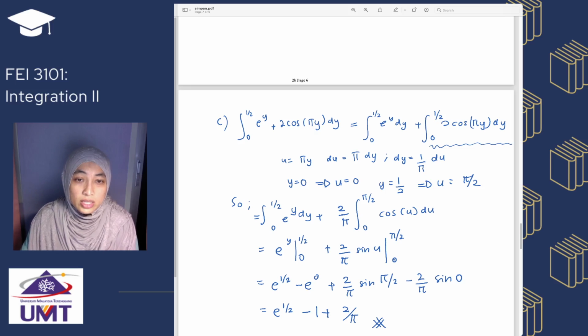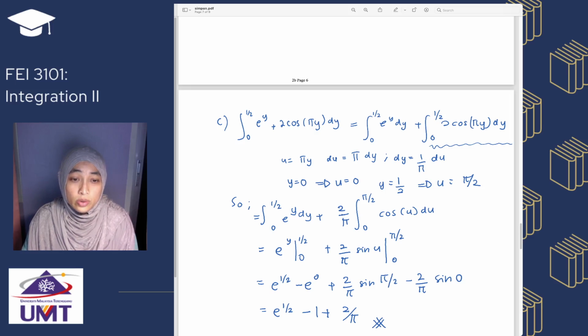So now the e to the y dy part, you complete it as usual, but this cos part, you need to use the substitution method. Take note that the limit of the e to the y is the same, but the limit for the cos is different because you use cos u du. So substitute as usual, you get 2 over pi times the integration from 0 to pi over 2 of cos u du.